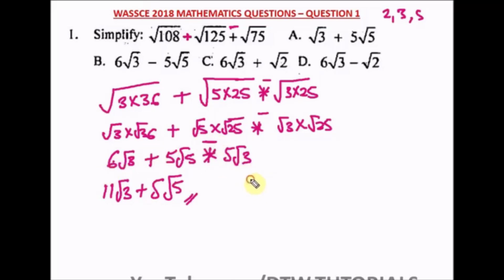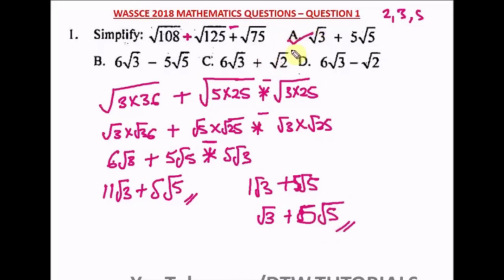And what will be 6 minus 5? That is 1 root 3 plus 5 root 5. And 1 times root 3 will still give us root 3 plus 5 root 5. Okay, so this should be our answer if this is a negative sign, and we have the answer right here in option A.